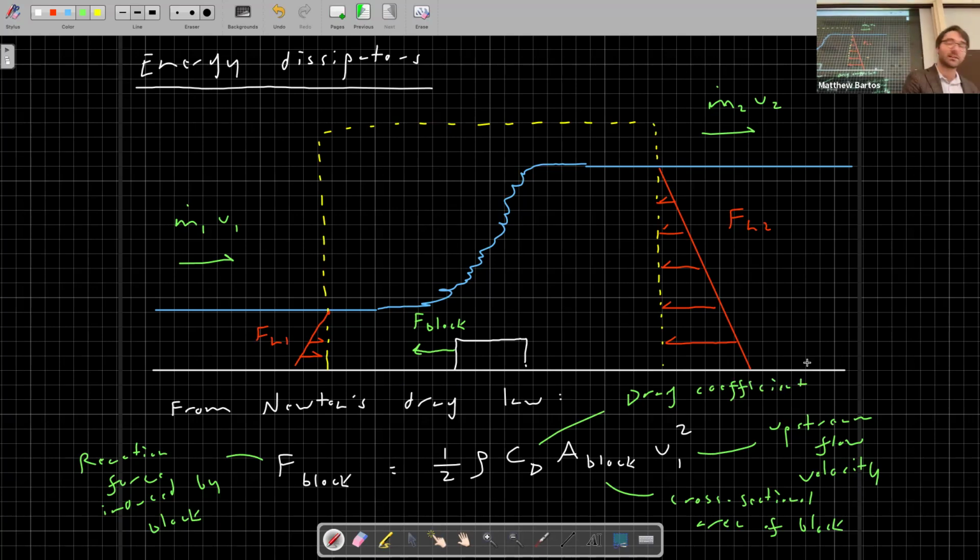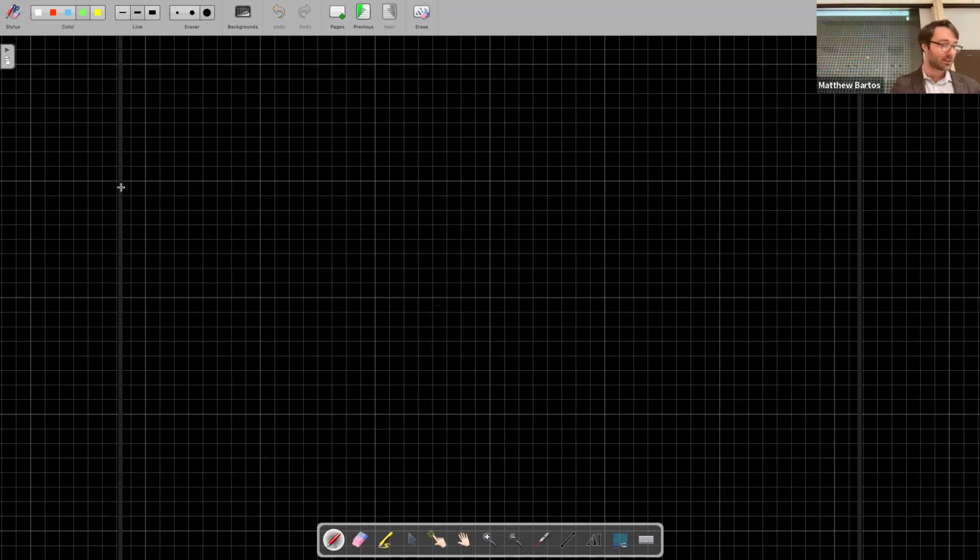So all we have to do is add this force to our force balance. If we take this force and add it into our force balance, we will end up with our new momentum equation. We'll have rho times Q times (U2 minus U1), so that is the net momentum flux.